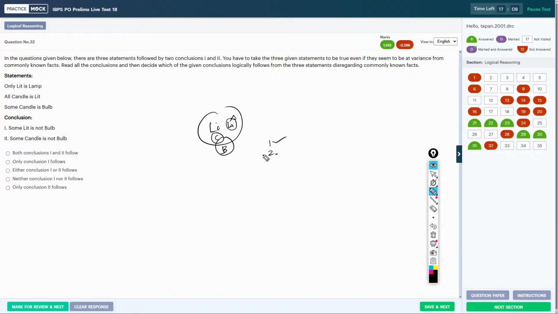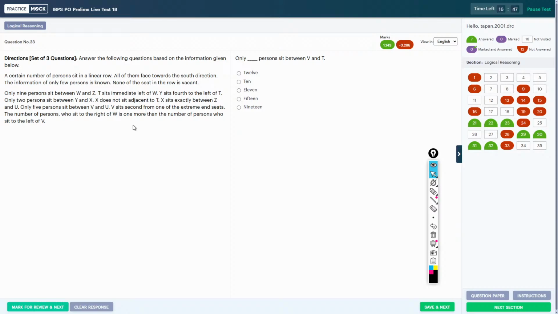Just a second. Some lit is not bulb is true. Some candle is not bulb. Not necessarily. So only one follows.